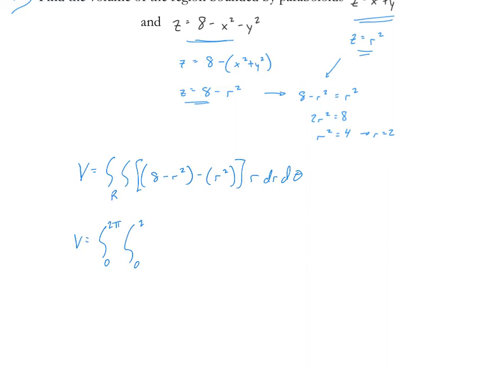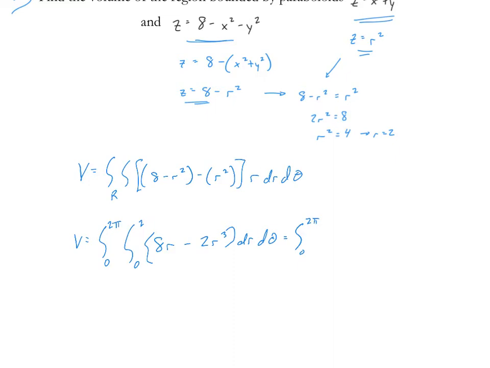Simplifying inside of the integrand, we distribute the r and have 8r minus 2r cubed, dr d theta. And that is pretty standard to then go through and evaluate.